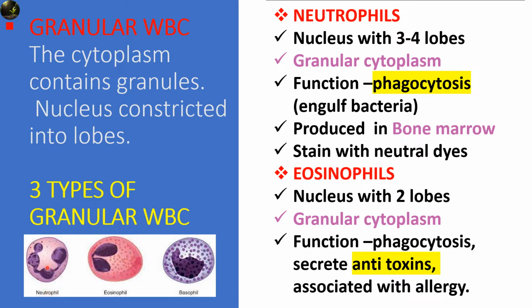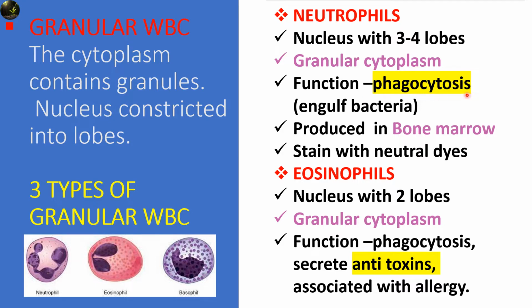First we can discuss neutrophils. What are the features of neutrophils? Here you can see the nucleus with 3 to 4 lobes. Then it has granular cytoplasm. That is also one of the important features, a common feature for all the granular WBC. Then what is the function of neutrophil?